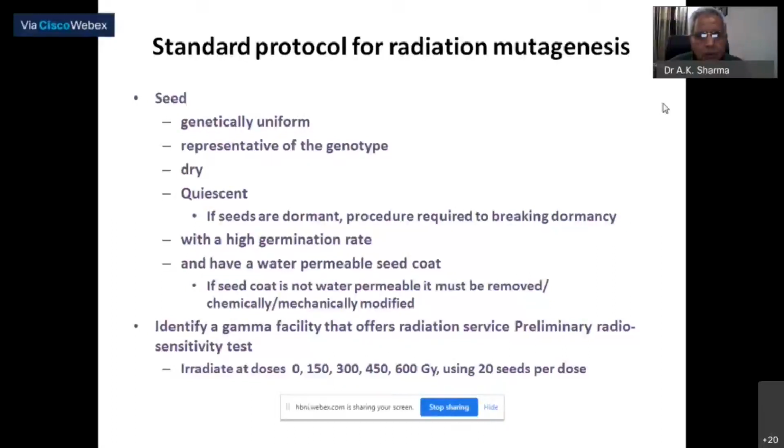But many times dormancy is not governed by environment, but is genetically controlled. So they are in a quiescent phase, but after some time gap is allowed, seeds become active, or they enter a replicating stage. So we should see that quiescent or dormant seeds are not used.